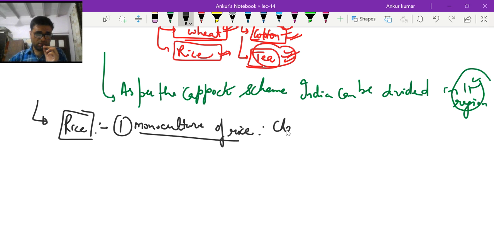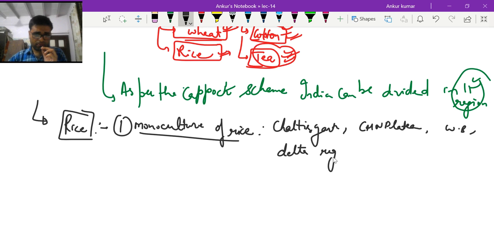These regions are Chhattisgarh, Chota Nagpur Plateau, West Bengal, the delta regions of India, and the Kaveri River belt. So these are the monoculture regions where rice is grown.